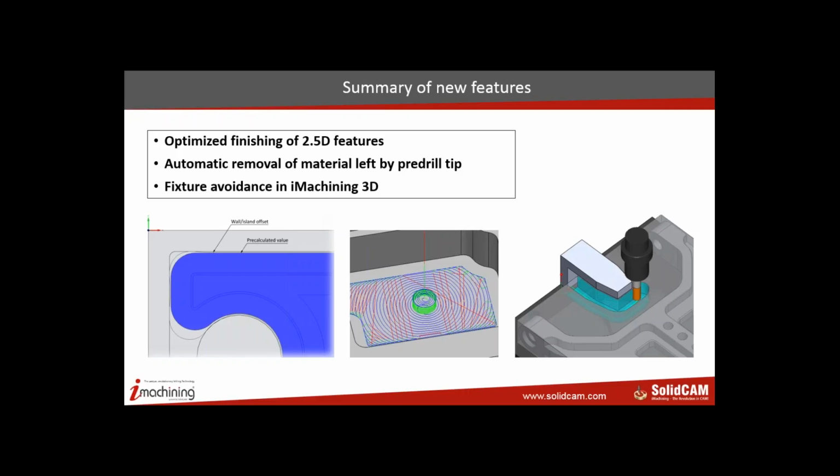But for me, the most advanced thing that's been changed is in iMachining 3D, where it will actively avoid the fixtures. You just define where the fixtures are, tell it how much you want to avoid it by, 5mm or whatever it is, and it will do just that. It'll just skirt round the fixtures, and then you can move the fixtures afterwards, and it'll remove the material from where it was.